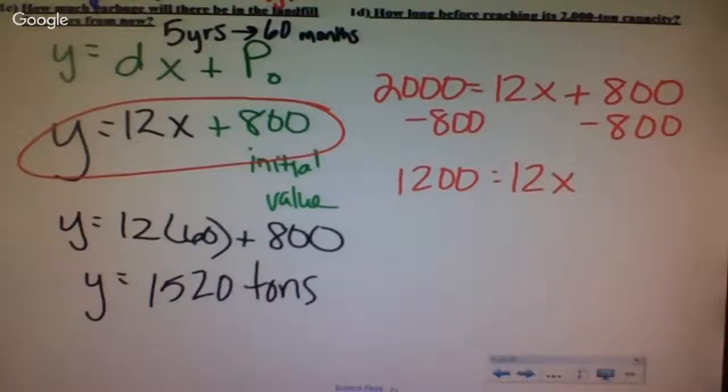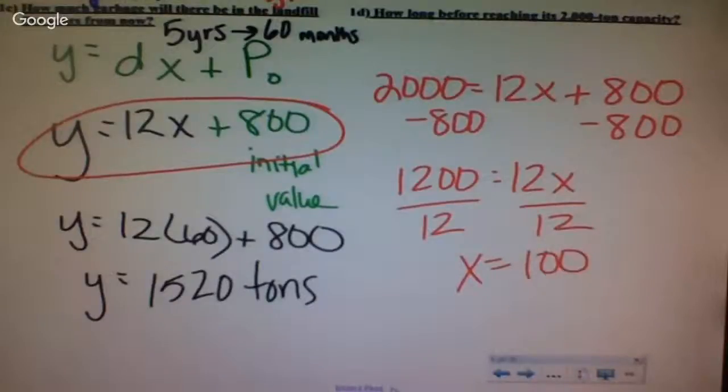Then divide by 12. And divide by 12. What does X equal? 100. 100 what? Years. Sorry, months. So if they wanted you to change that to years, what would you do?